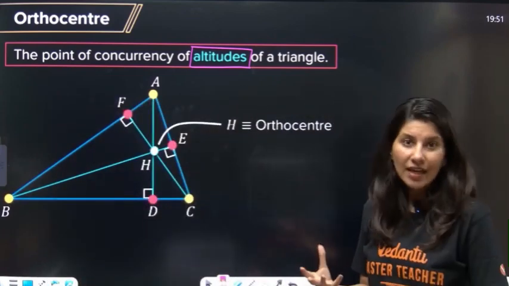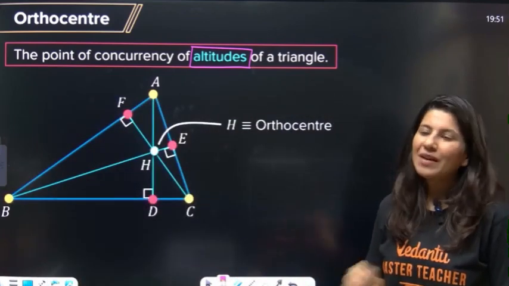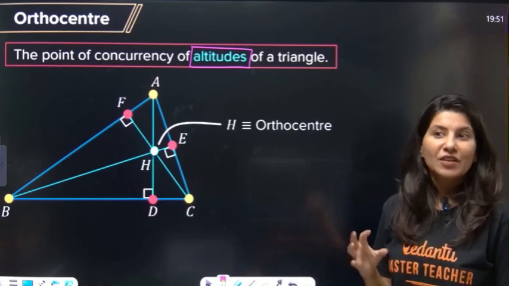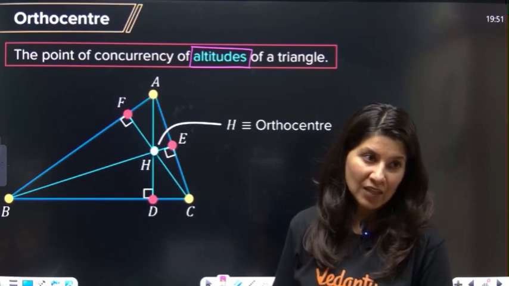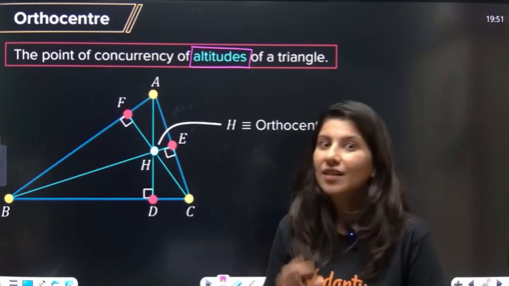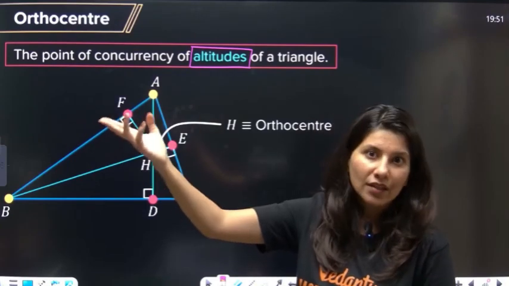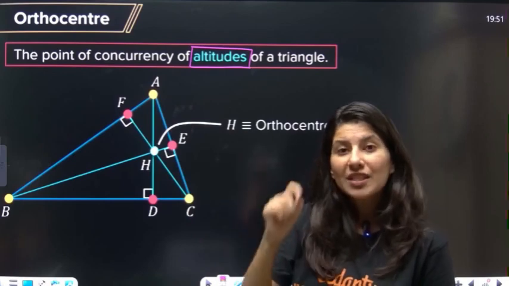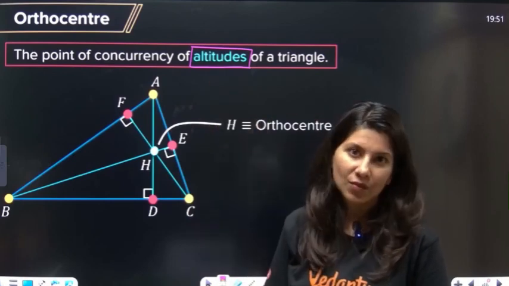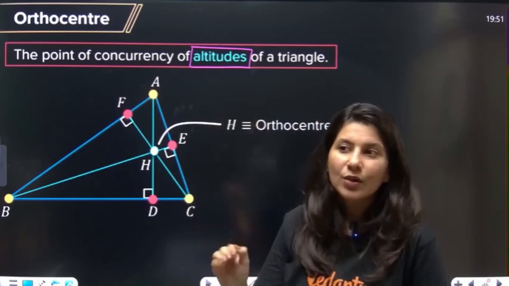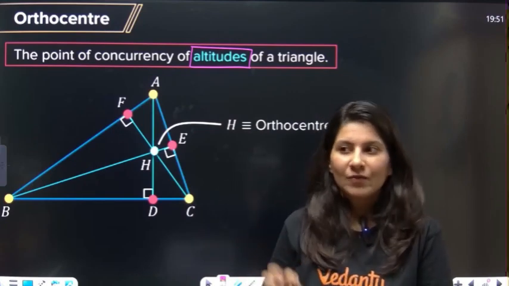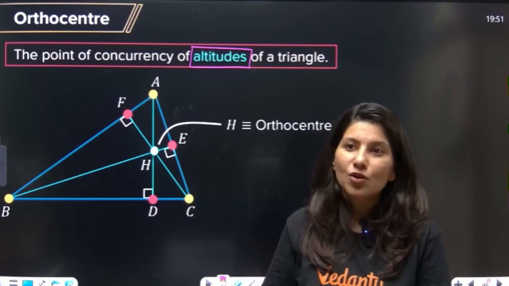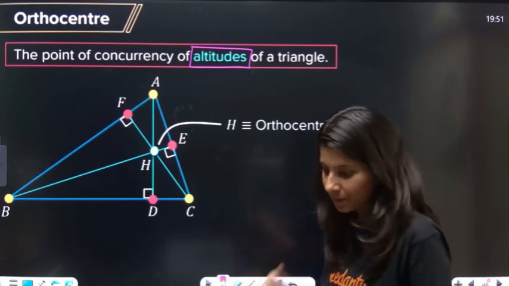I mean, there is a direct formula, but we never apply it because it is going to take much of your time. Calculating orthocenter is a different game altogether, and we are going to do that once we learn the straight lines concept. We cannot calculate orthocenter with the help of basic coordinate geometry. We need to know how to write the equation of a line.